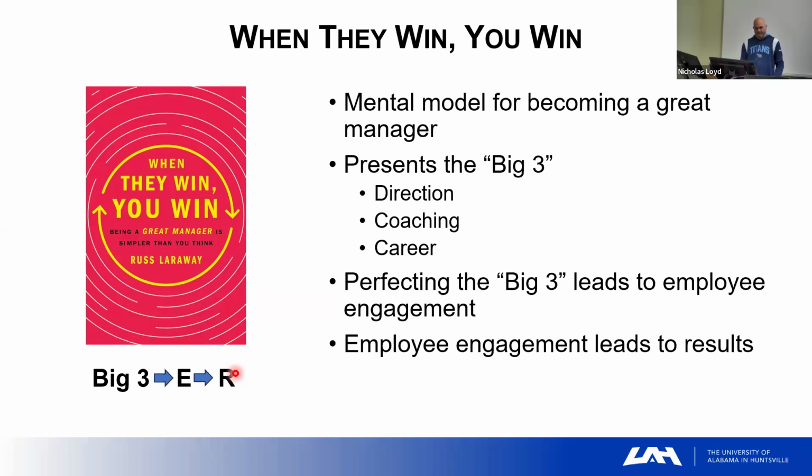And this is a good example of a mental model of how to view being an effective manager. If I do these 3 things, it'll lead to engagement, which will lead to results. If I can adapt that mental model, maybe that'll drive my life. And we'll study what that means a little more.